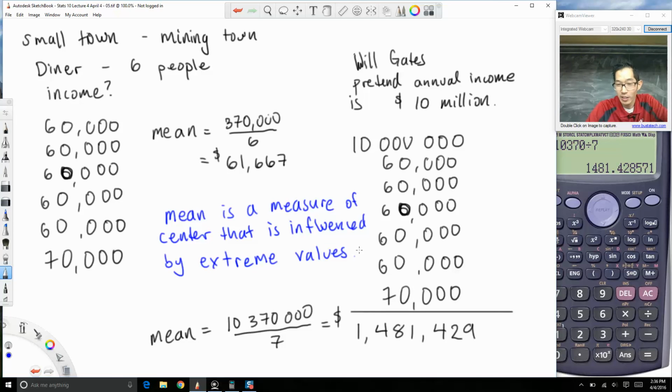So in certain cases, it might not be preferable to use the mean in situations where you've got extreme values. But in other cases, if you were trying to report the expenses of this company, and payroll is one of them, and this company is set up this way, which I don't know how a company would do this, one person makes $10 million a year, there are seven employees in the company, and the other people make $60,000 or $70,000 a year.